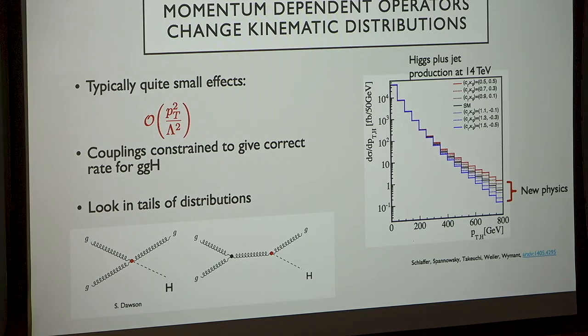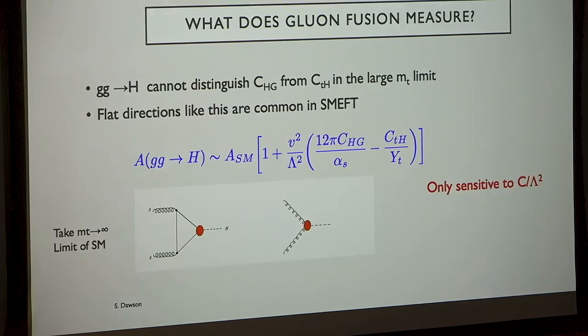Yes? The question is, are there other operators that would contribute to glue goes to glue H? I thought removing all the redundant operators removes your flat directions. Oh, adding new processes will remove the flat directions. So if I measure glue goes to H, there is a flat direction here.